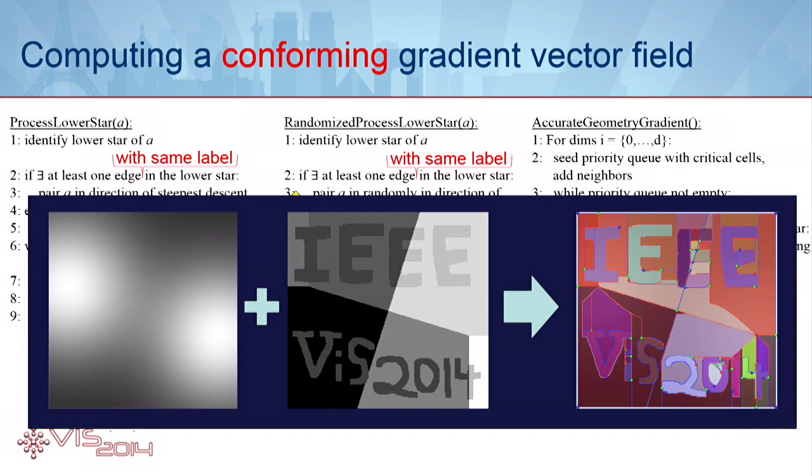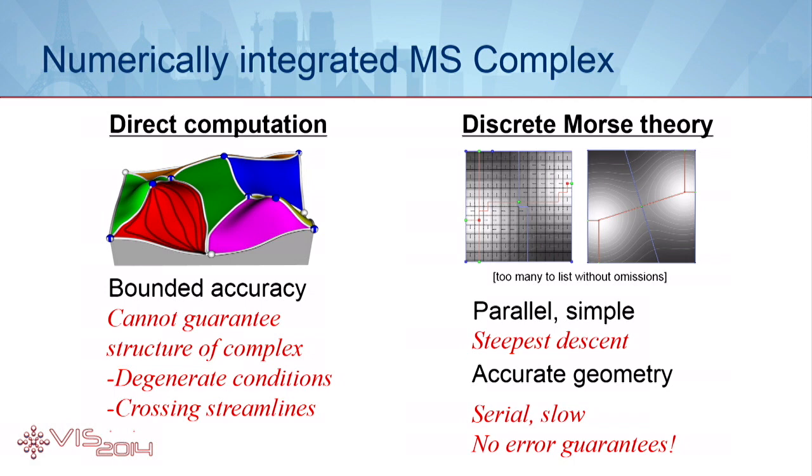So is this just a party trick, or is this good for anything actually? Well, it turns out it is. Traditionally, the Morse-Smale complex was always defined in terms of the flow. And if you're a domain scientist, you may think, well, I'm just going to start integrating streamlines to figure out where the flow ends up. But it turns out if you do that, you can't guarantee the structure of the complex.